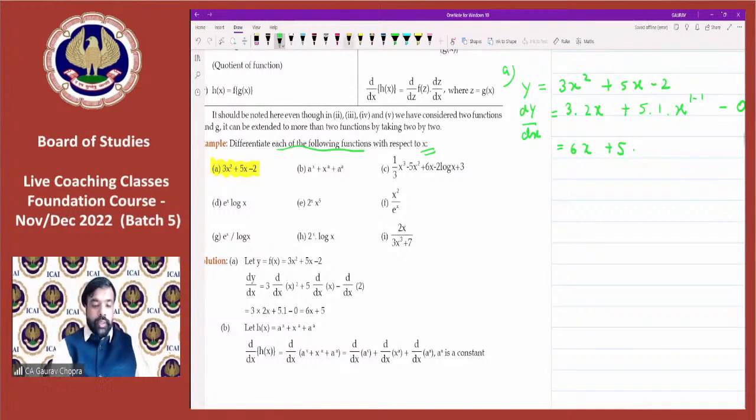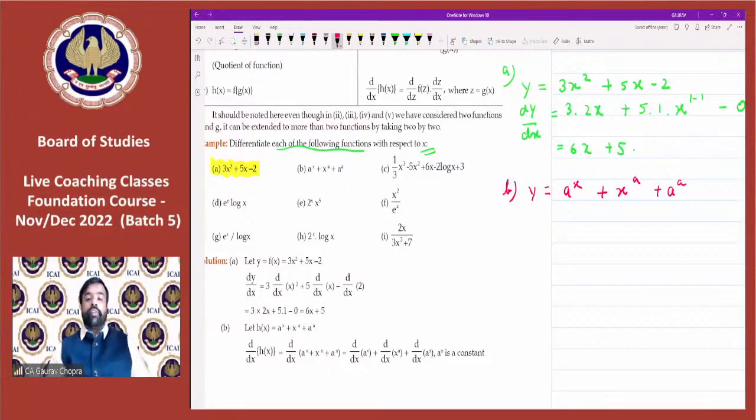Now, let us try the second one, B. B says y equal to a to the power of x plus x to the power of a plus a to the power of a. So if we have to do dy by dx, what is the formula for a to the power of x? We have already done it.